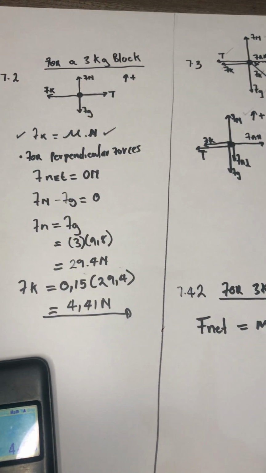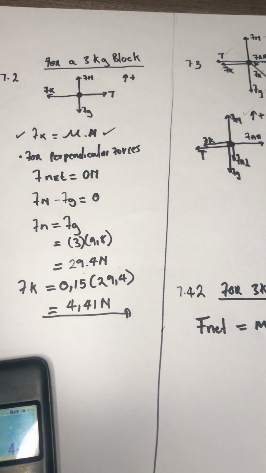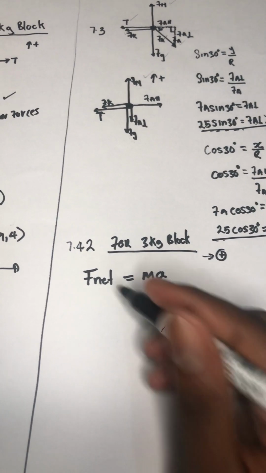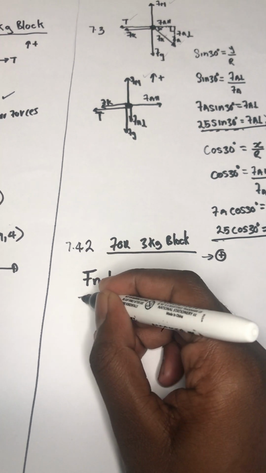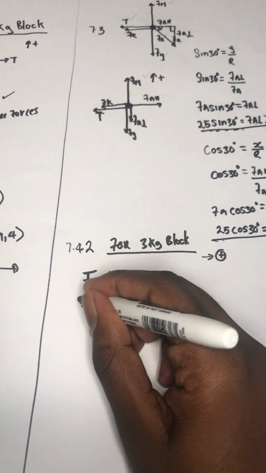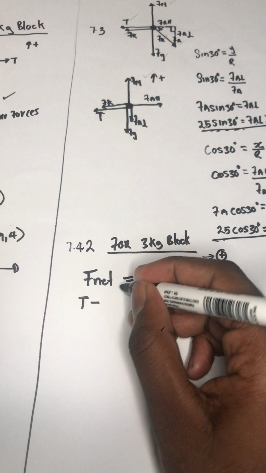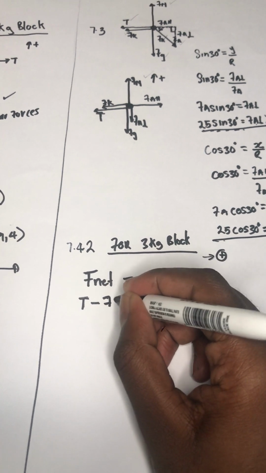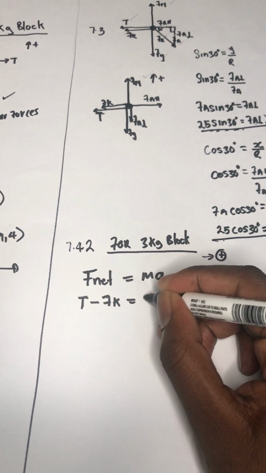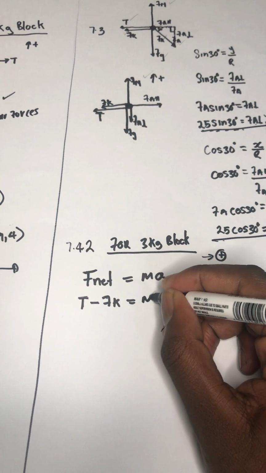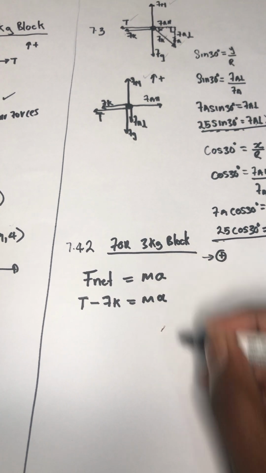Acceleration is not equal to 0. Okay, so tension positive, minus the frictional force that we calculated, is equal to mass times acceleration.